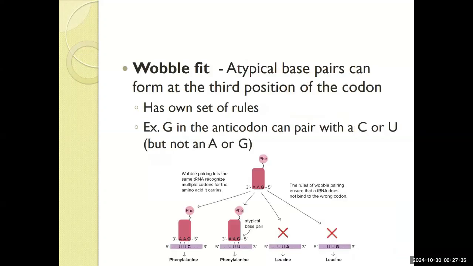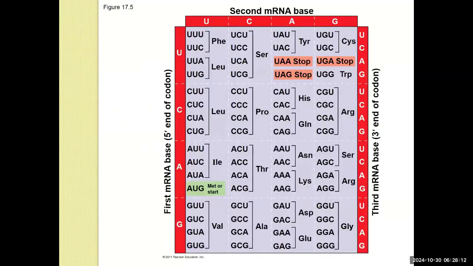And this is due to a phenomenon known as wobble fit, that the third base doesn't sit as well during our complementary base pairing of the codon and anticodon. And so over time, the ribosome has evolved its own set of rules, and it will almost always exclude or ignore the third base in the anticodon pair. And so we see in this table showing the codons and their appropriate amino acid codes that there is a lot of redundancy, multiple ways in which you can code for the same amino acid.